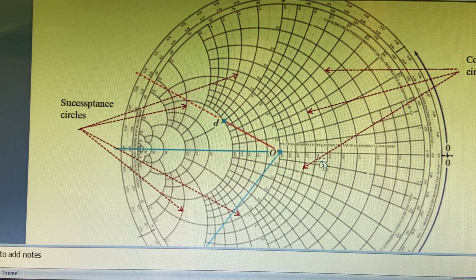Similarly here, for example, this corresponds to a conductance of 5. This is the conductance equal to 4 circle. So on the actual Smith chart, there are conductance circles like this. These are the conductance circles.